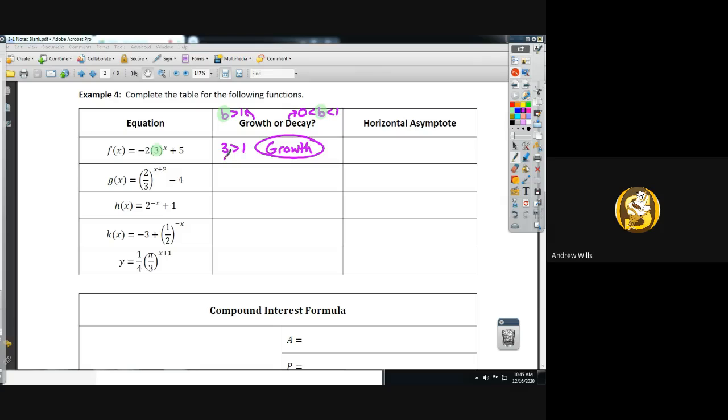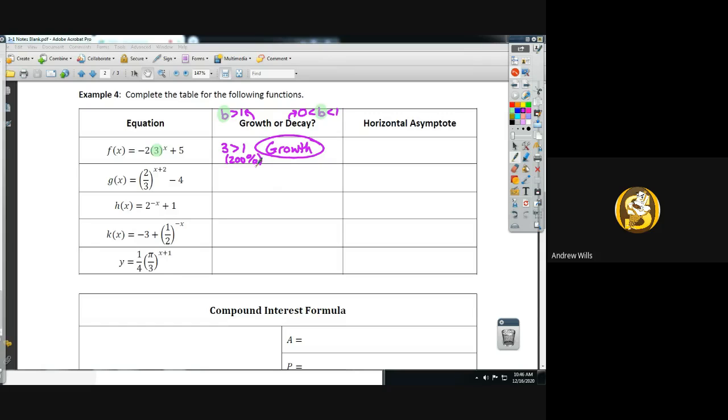In fact, it is a 300% growth. No, that's not quite right. 200% growth. It's actually 200% growth. Let's get that right. Does anybody know where I got 200%? Okay.